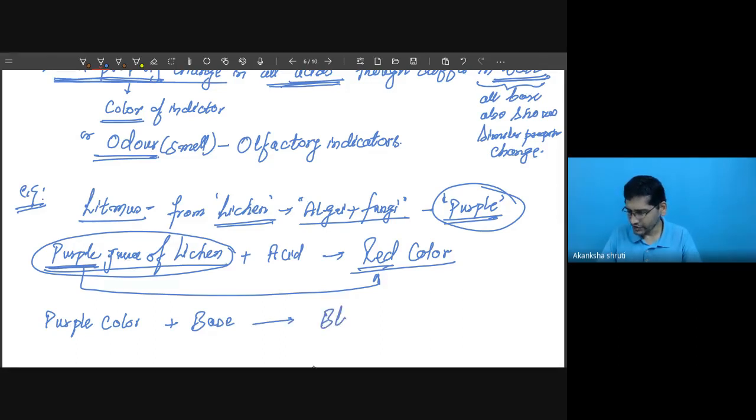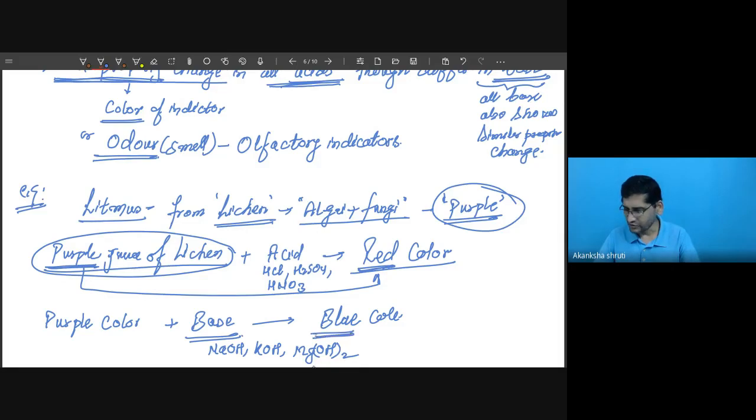The mixture becomes blue in the base, irrespective of the type of base, whether NaOH, KOH, or Mg(OH)2, etc. Irrespective of the acid, whether HCl, H2SO4 or HNO3, whatever acid you take, it will always give the red color, but in a base it will always give you the blue color.